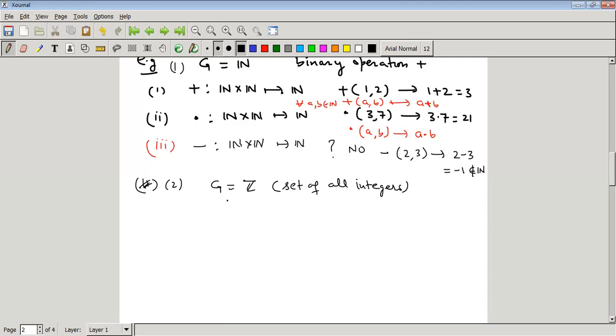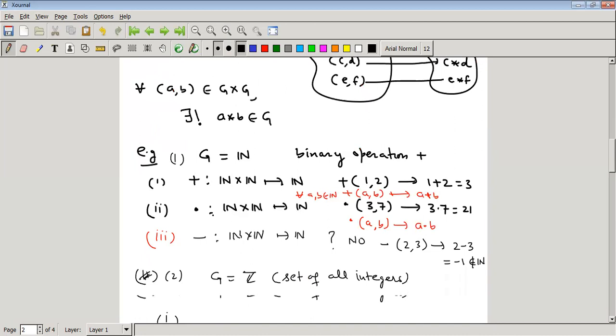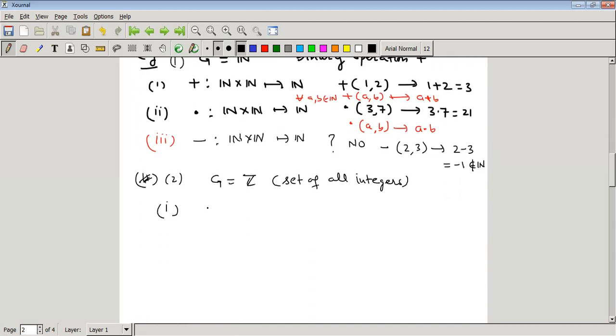So again, if we take the binary operation plus, Z cross Z to Z, is it a binary composition? Yes. You can take any two integers a, b.